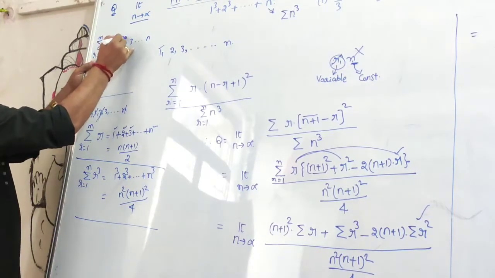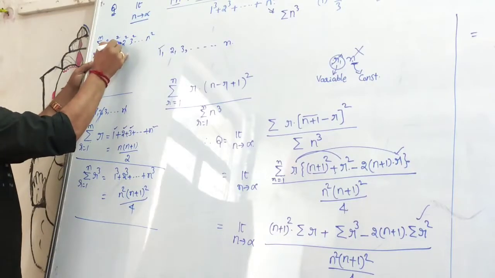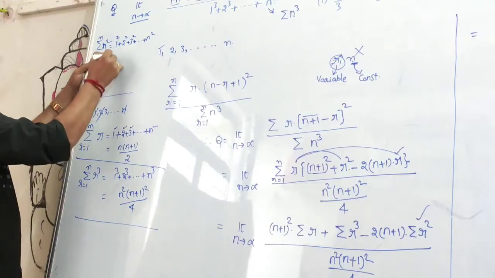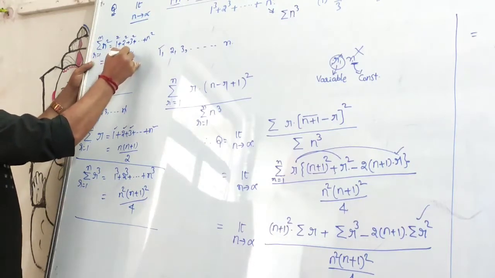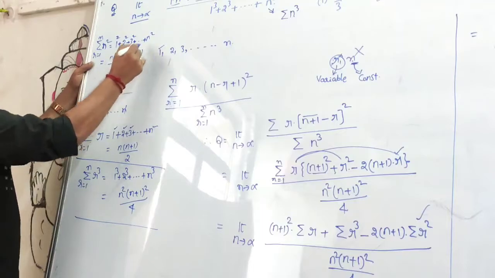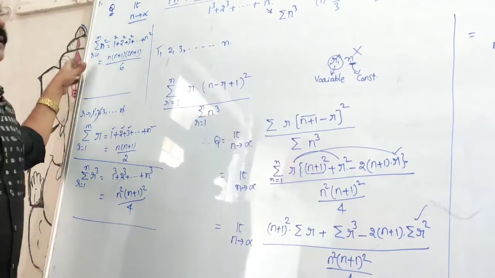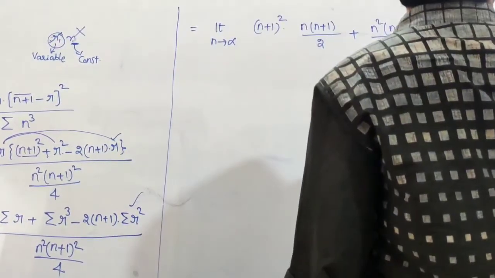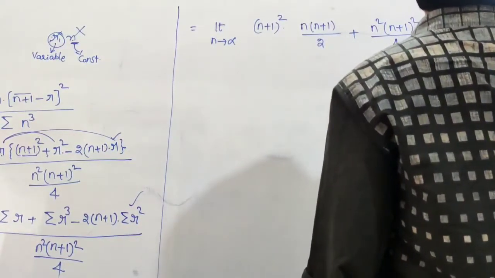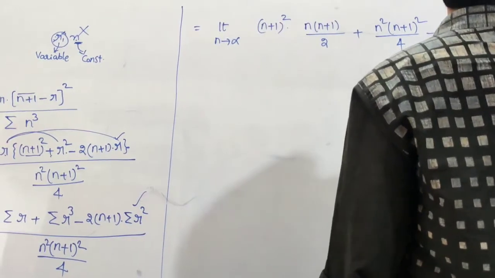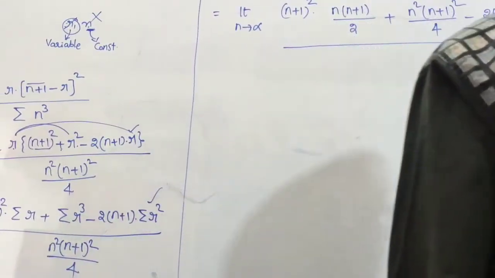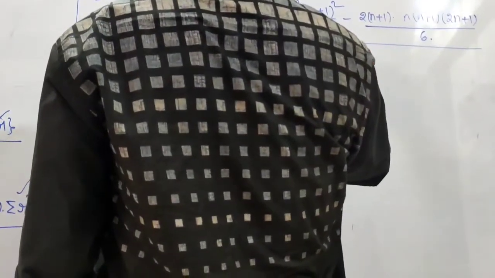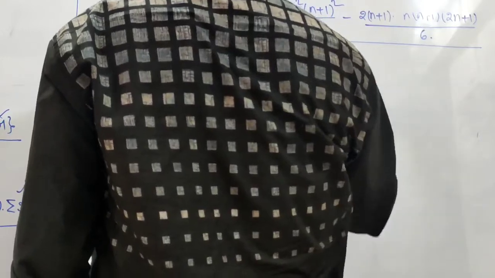For all squares, sigma means summation. So that equals n into (n plus 1) into (2n plus 1) divided by 6. It is the fixed formula. So it is n into (n plus 1) into (2n plus 1) whole divided by 6, whole divided by the denominator n square into (n plus 1) whole square divided by 4.